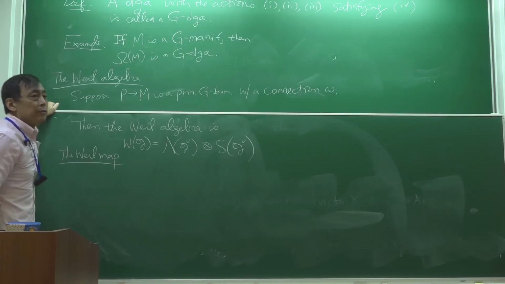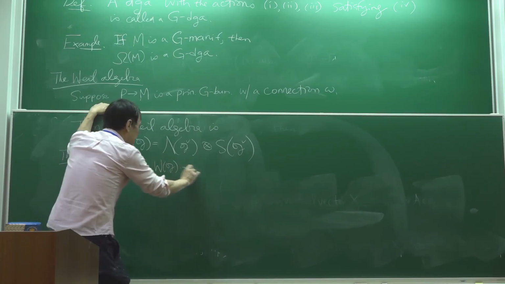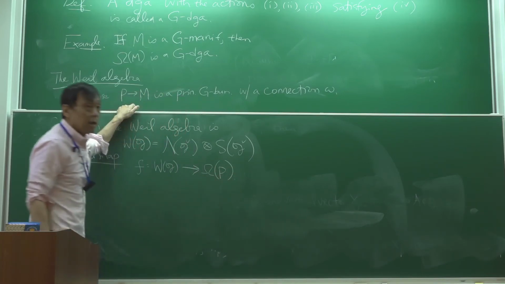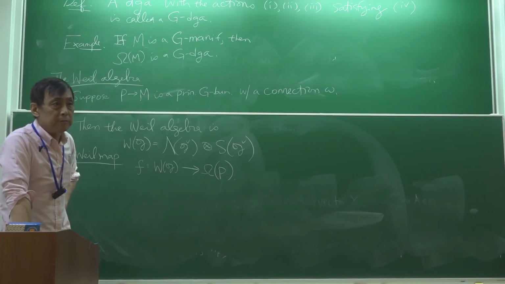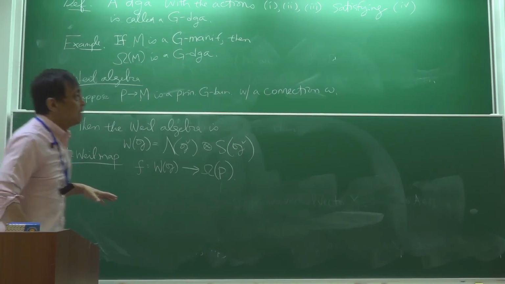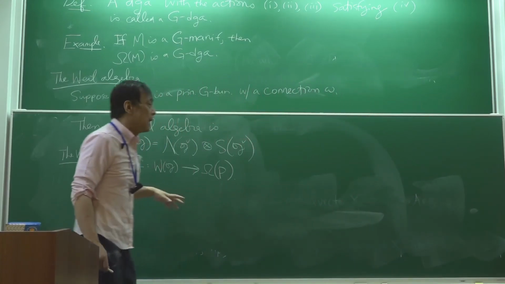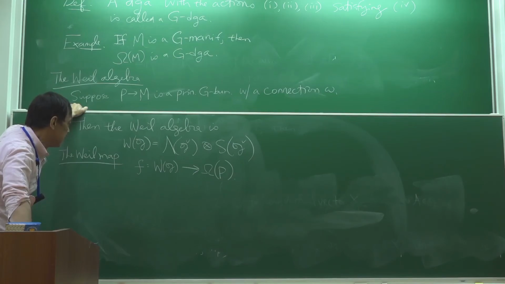The Weil map is going to go from the Weil algebra to the de Rham complex of forms on P, and it will be a morphism of G differential graded algebras. So it will preserve the actions and the differential, and that will tell us how to define the differential and the action.